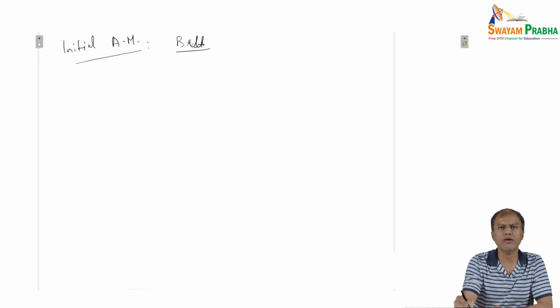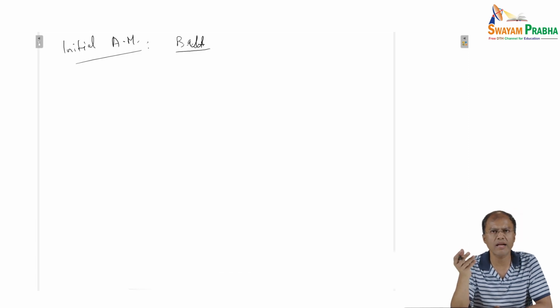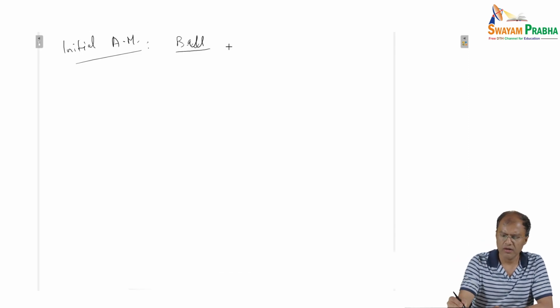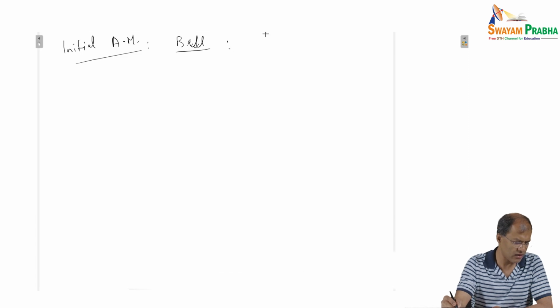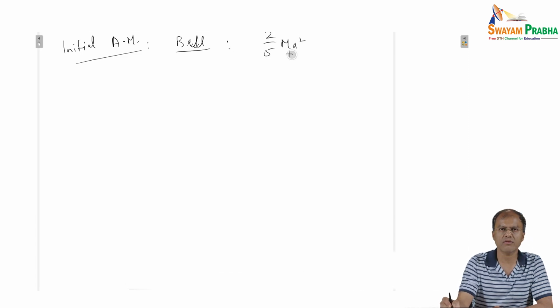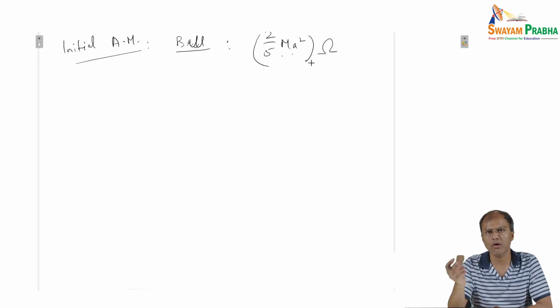The beetle is sitting on the axis, so we don't expect anything due to the beetle's contribution. So the ball gives us the initial angular momentum: 2 by 5 m a square, a being the radius of the sphere, m being the mass of the sphere, times the angular velocity with which the ball is rotating. So that's due to the initial condition.